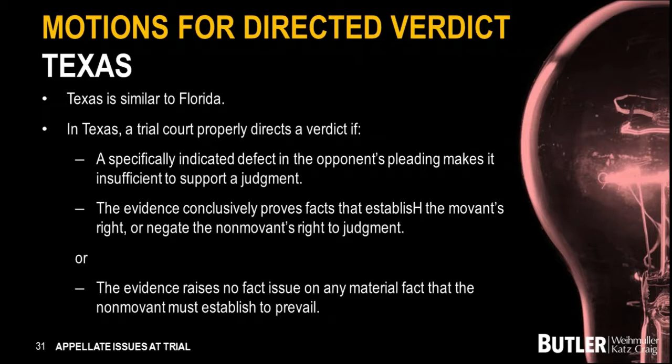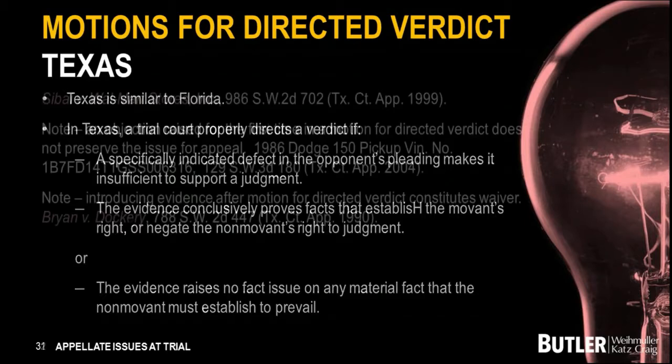So that's basically a lot of words that provide essentially the same standard as Florida. And again, it's a difficult standard. Most of the time, these motions are very difficult to have granted.